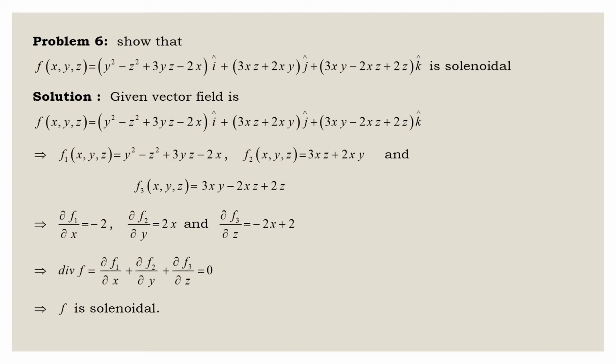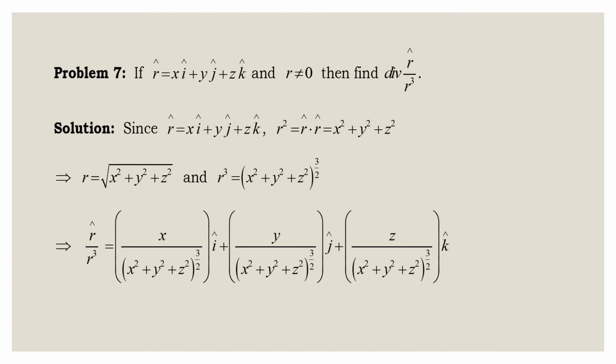That equals -2 plus 2x minus 2x plus 2, which equals 0. So div f equals 0. So this vector field is solenoidal. We are done. Let us take the next problem.